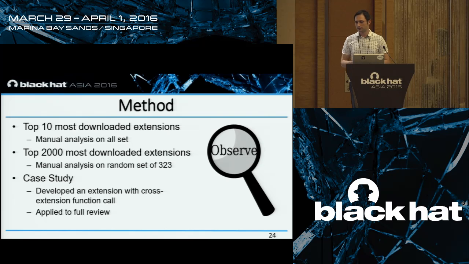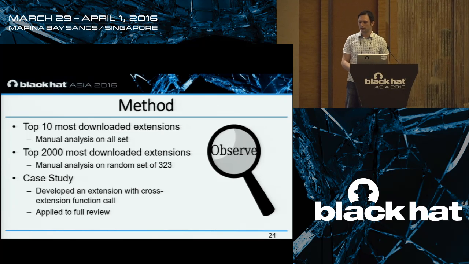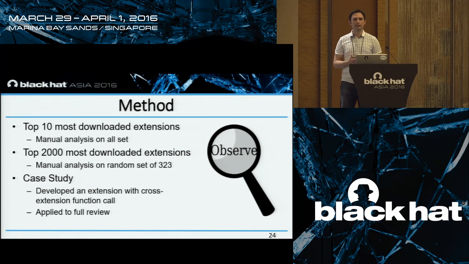In the second experiment, we looked at the top 2,000 most downloaded extensions, and since it is impossible to manually verify all of them, we selected a random set of 323 extensions, which gives a 95% confidence level and 5% confidence interval, and we did manual analysis on those.